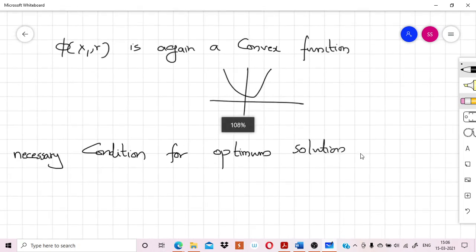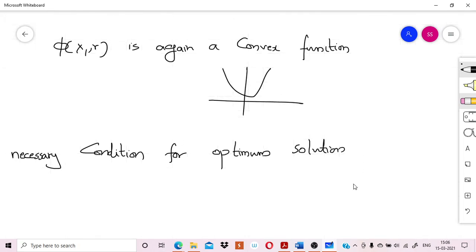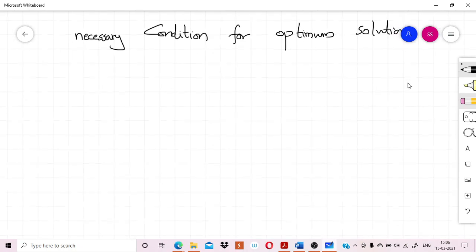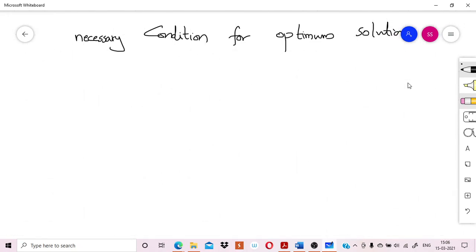The partial derivative of phi, dou phi by dou x1, equal to 0. That implies, for 1 by 3 (x1 plus 1) whole cube, n x raised to n minus 1, so 3 cancels and I get (x1 plus 1) whole square, and the square term plus 0 with respect to x1, since x2 is 0.